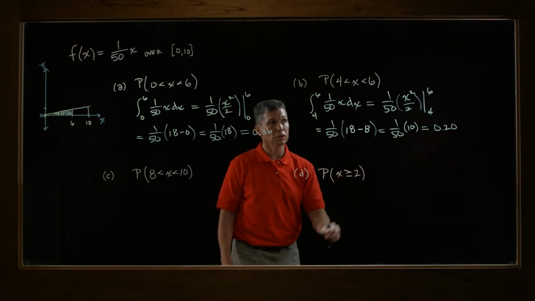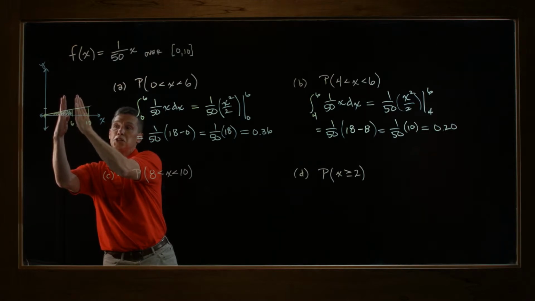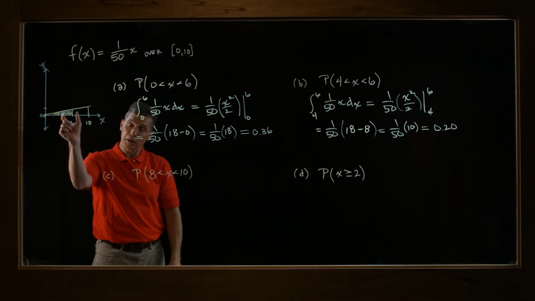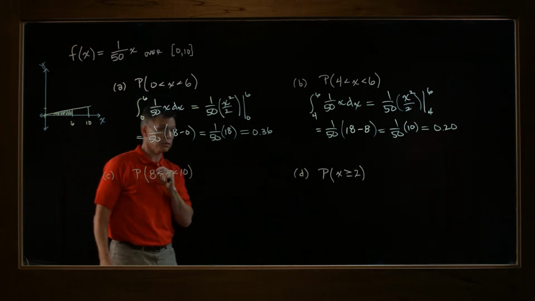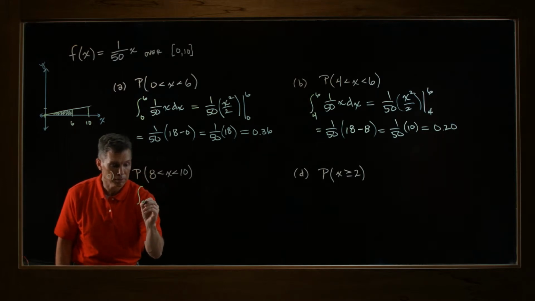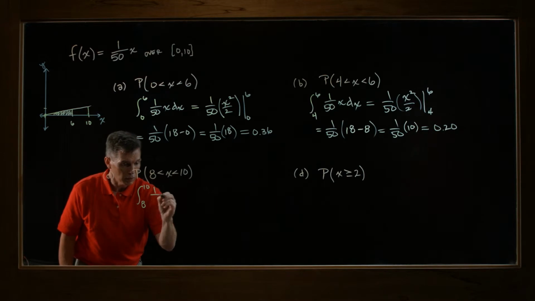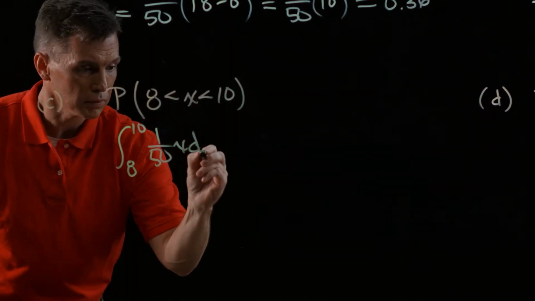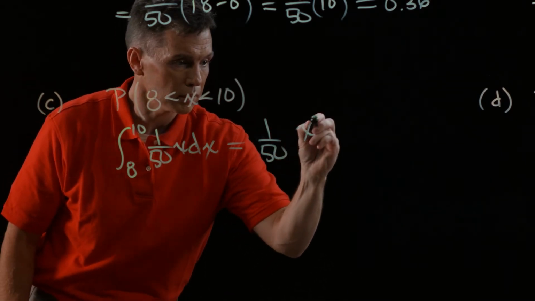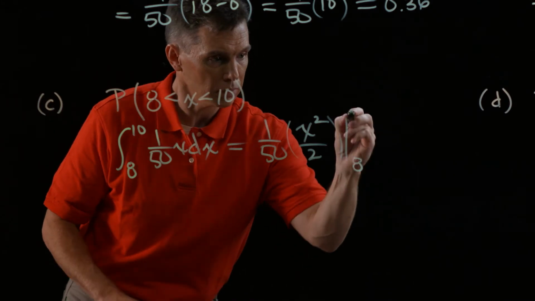So the probability that you'd be between 4 and 6, if I redid a little bit of a drawing, shaded between 4 and 6, this time we're talking about a trapezoid, but still the area of that trapezoid would equal 0.20. For part C, we do the same setup, a definite integral from 8 to 10 of 1/50th x dx, 1/50th x squared over 2 from 8 to 10.